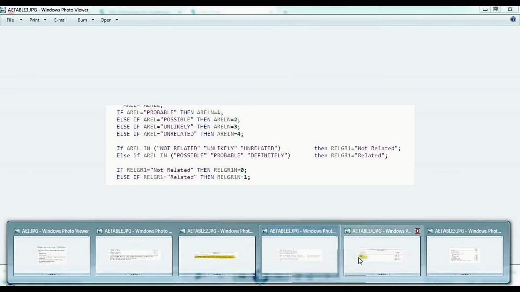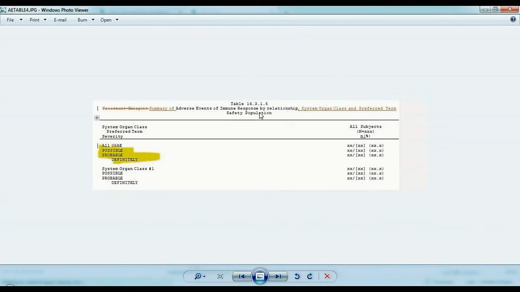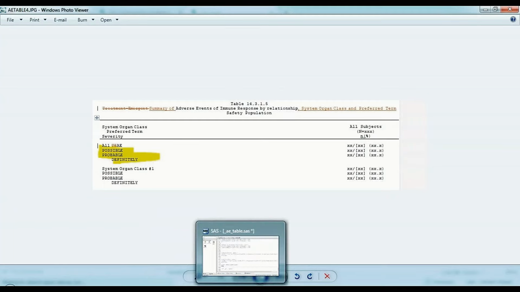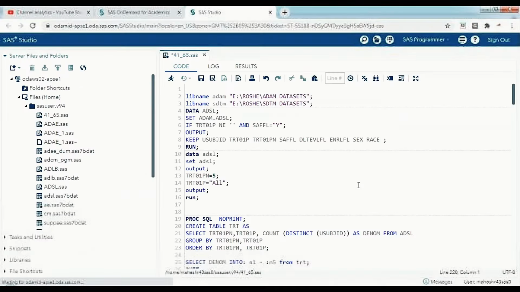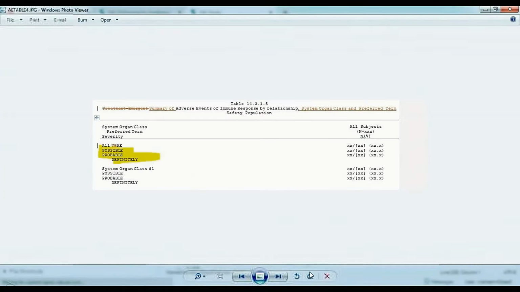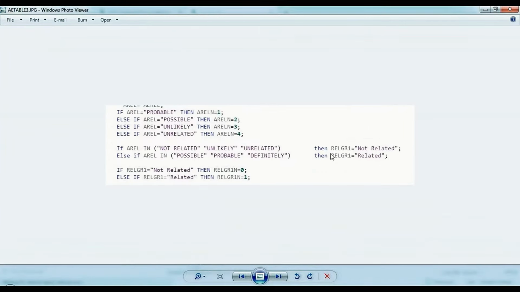You can see they mention it by relationship: the summary of immune response by relationship, system organ class, and preferred term. So how can we know whether it is not related or related? Related categories are possible, probable, and definitely.